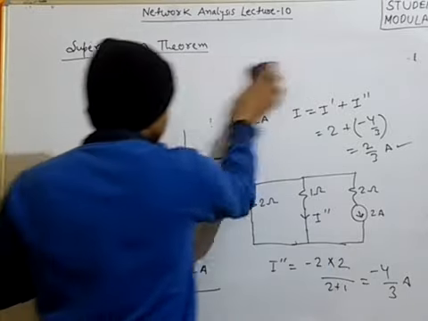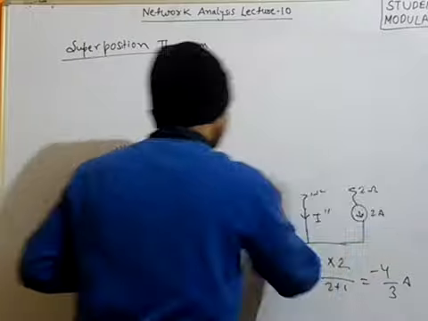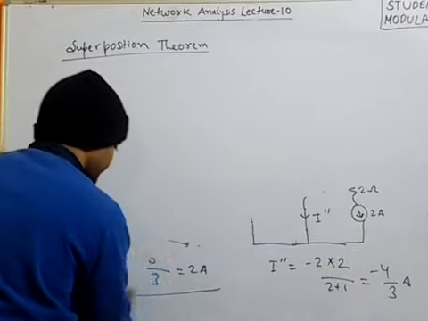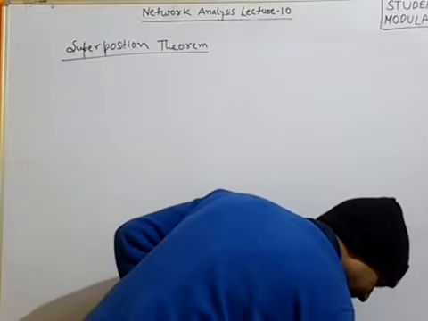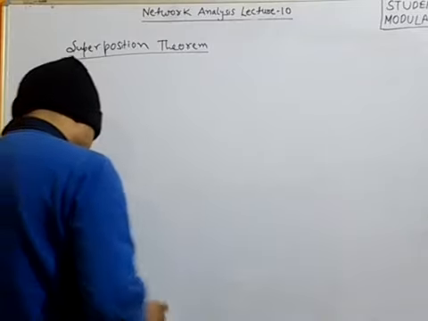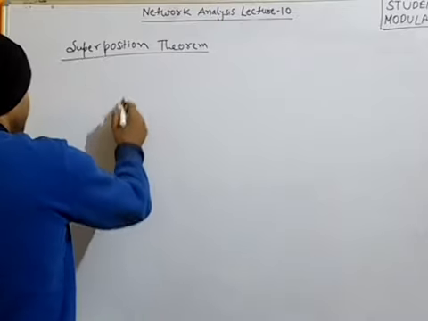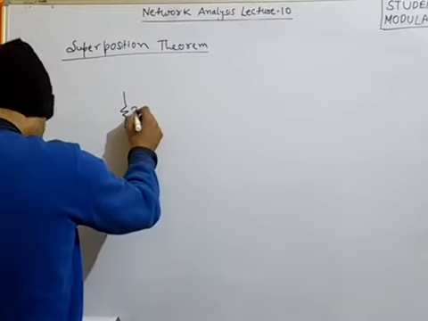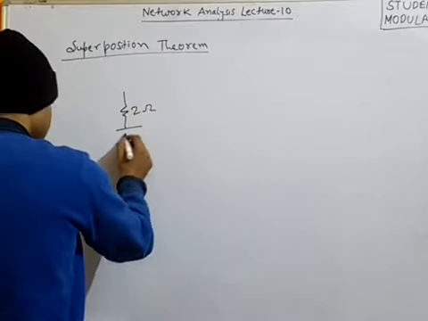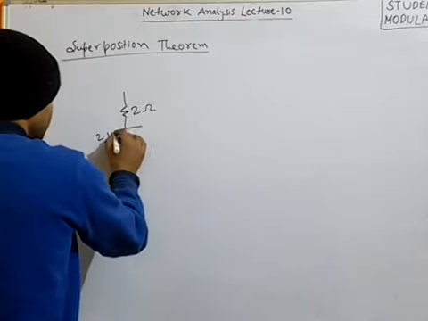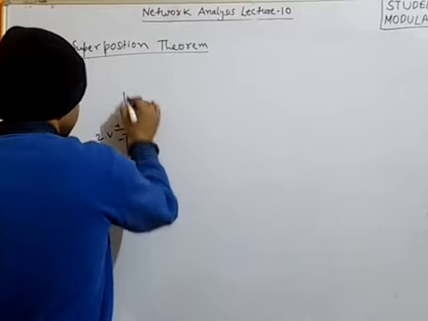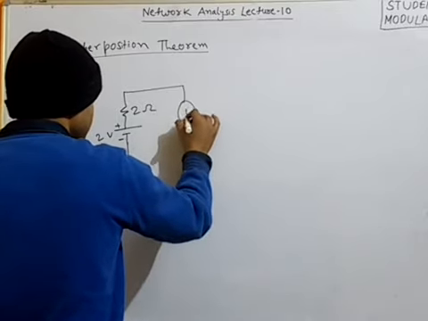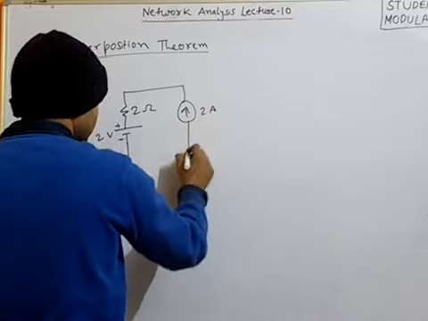Okay, so let's check the question first. Here we have the question related to the superposition theorem. Here we have a 2 ohm resistor and a 2 volt voltage source, plus minus of course, and the rest is a 2 ampere current source here.